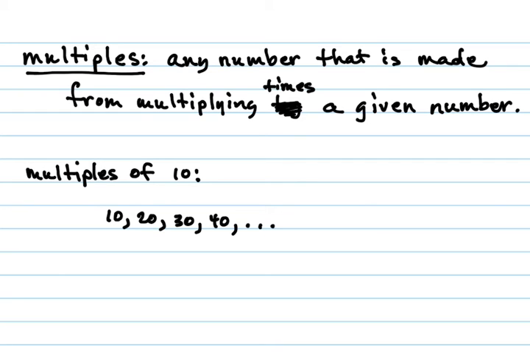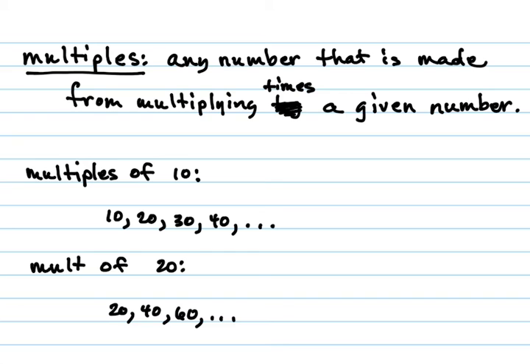Okay? What if I found multiples of 20? 20 times 1 is 20. 20 times 2 is 40. 20 times 3 is 60. Be careful. And what do you know? They go on forever.